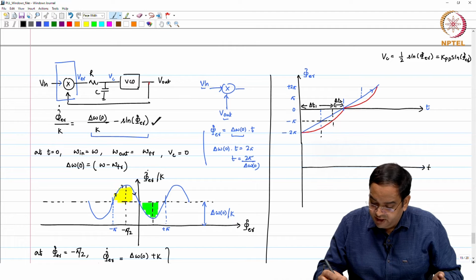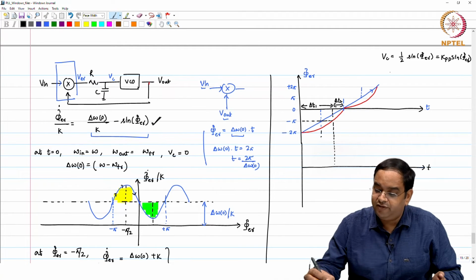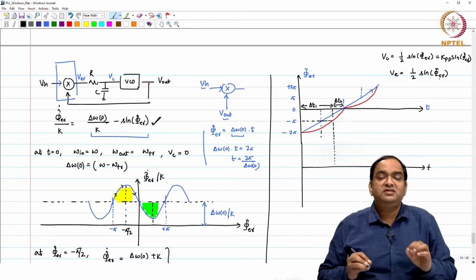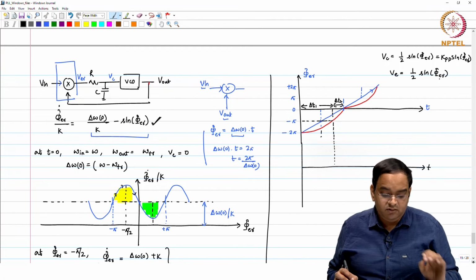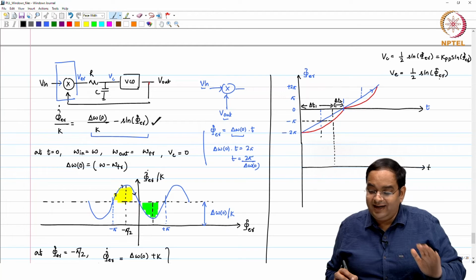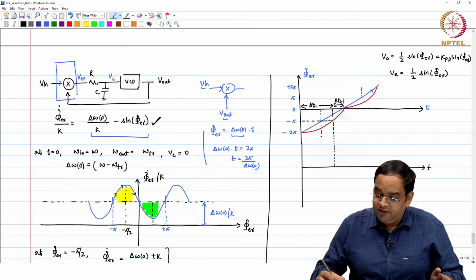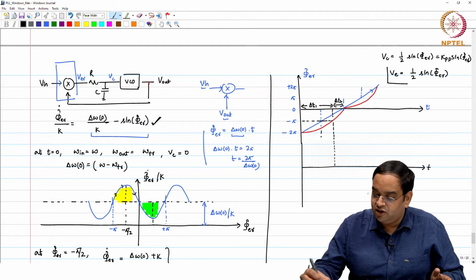So, for this particular case, you understand that the voltage error is nothing but half times the sine of phase error. We are rejecting the high frequency component, which is like omega in plus omega out. That is something which we have been neglecting so far. So, let us neglect that and only focus on this V error.